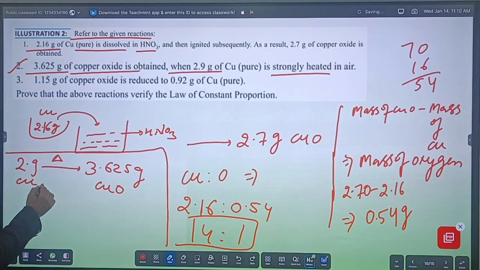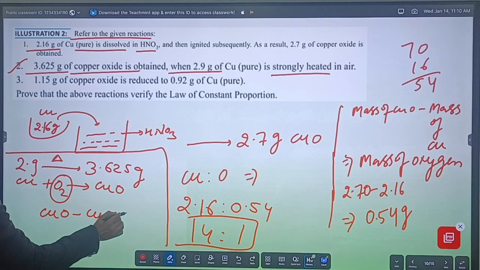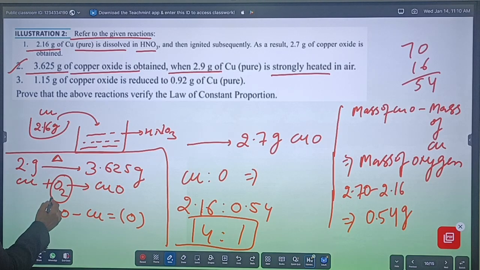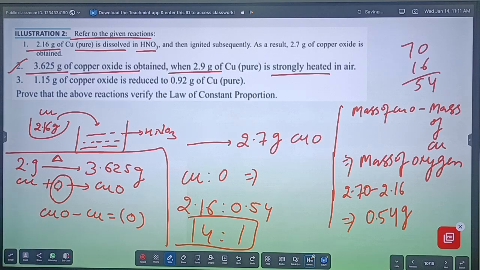So what is the mass of the oxygen? Mass of oxygen here is mass of the copper oxide minus mass of the copper is equal to mass of the oxygen. So it comes out 3.625 minus 2.9.